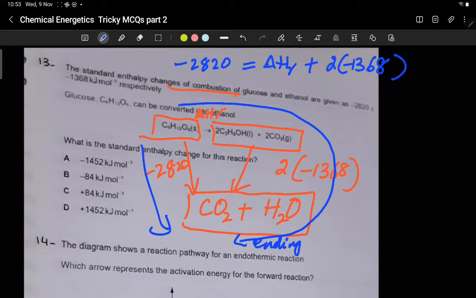So delta HR for this reaction is equal to minus 84 kilojoule.